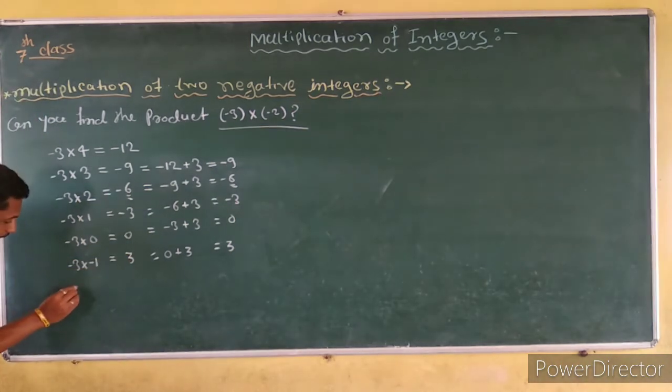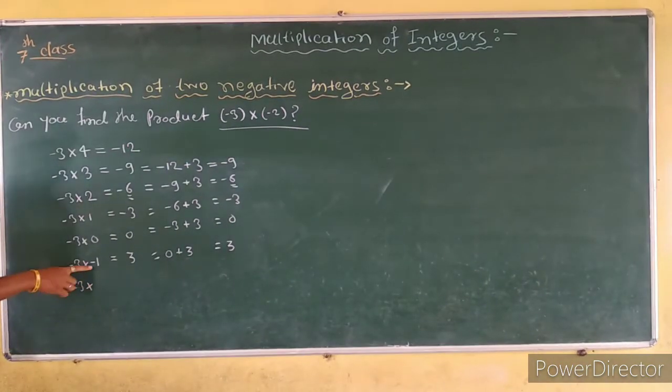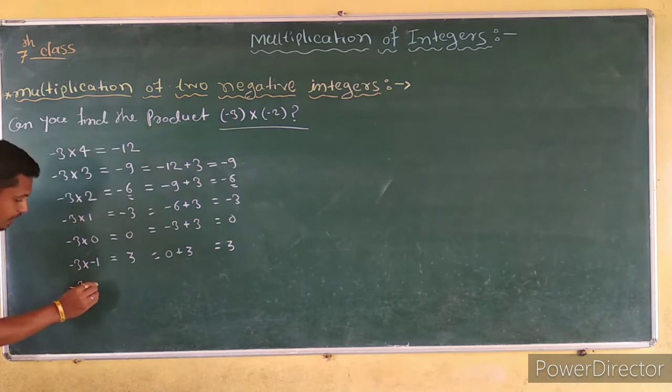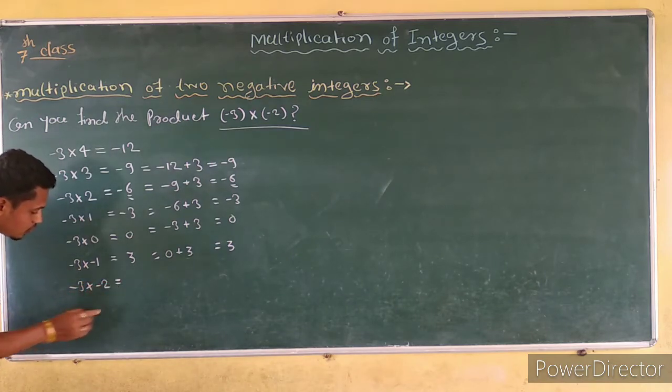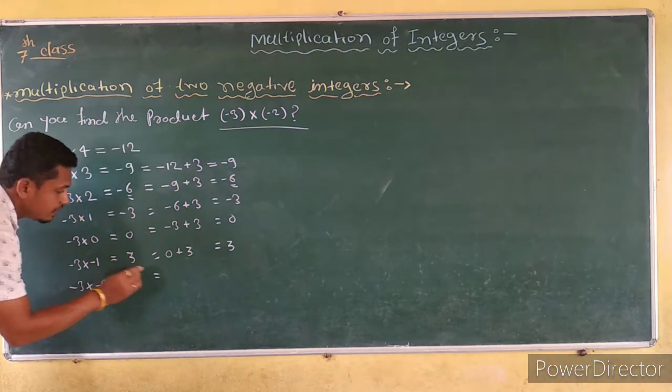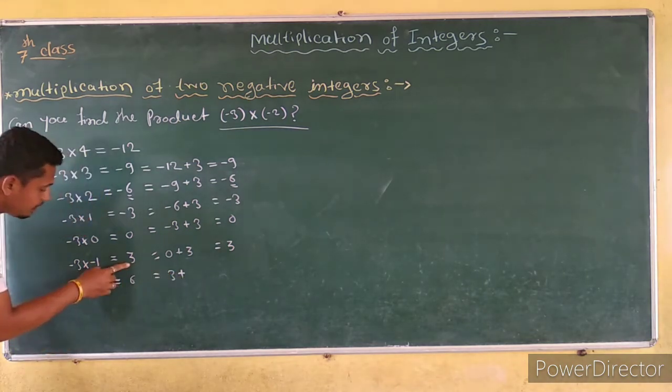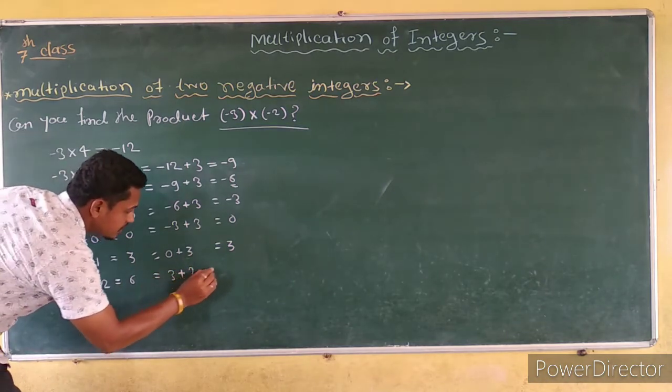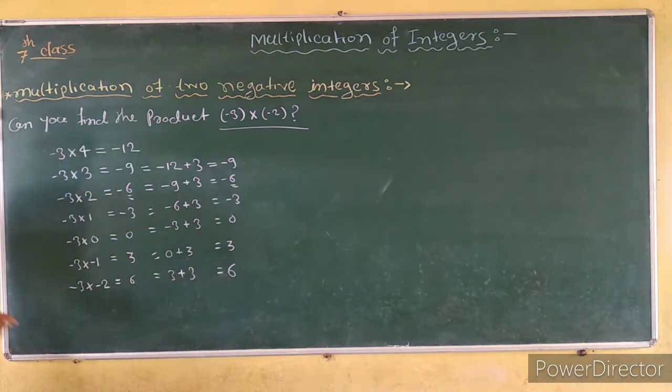Next, see here. Minus 3, minus 1. After minus 1, minus 2. 3 twos are 6. Here 3 plus 3 is equal to 6.